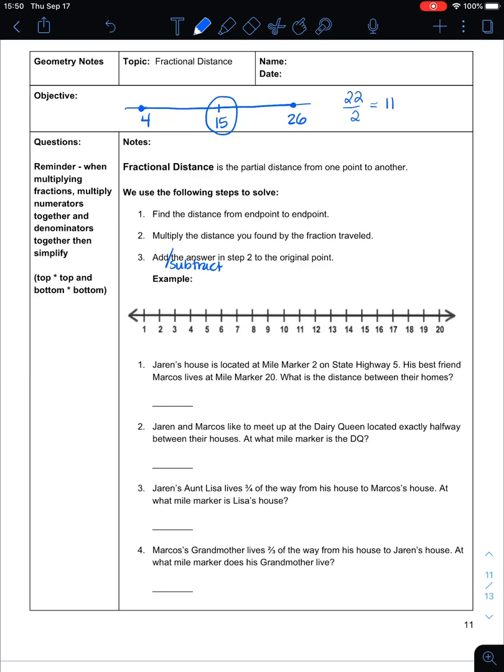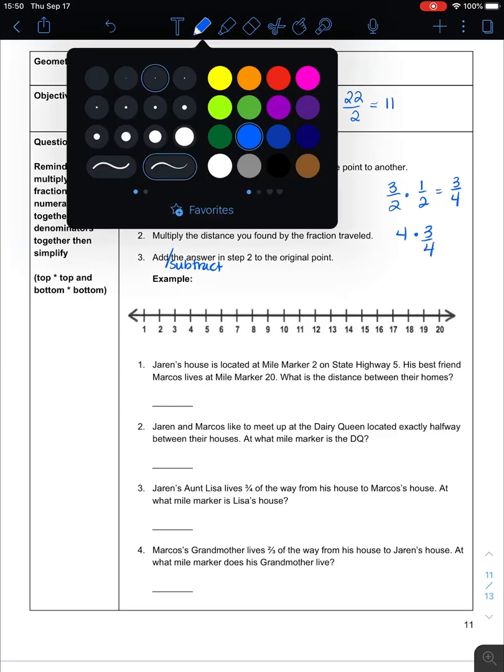Okay? Don't forget, when you're multiplying fractions, you multiply the numerators together. So say I have 3 over 2 times 1/2, then it would be 3 times 1 is 3, and 2 times 2 is 4. If I have 4 and I want to multiply that by 3/4, then I would multiply.